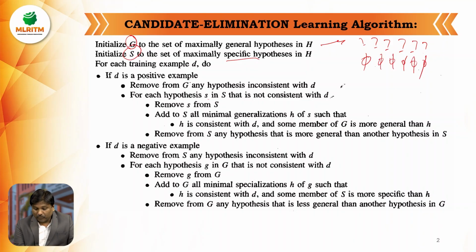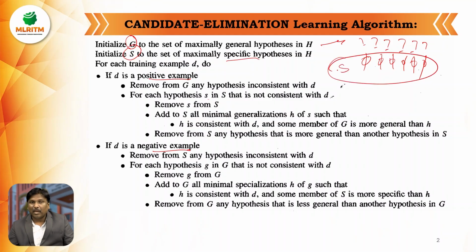Next, for positive examples and negative examples: for a positive condition, my S is to be updated with respect to the training instances. For a negative condition, my G is to be updated.